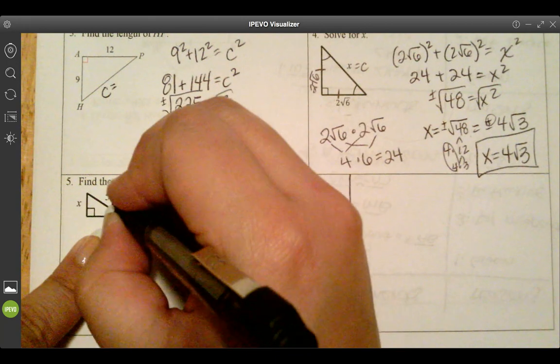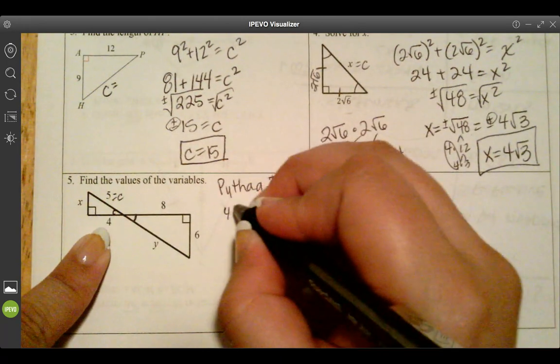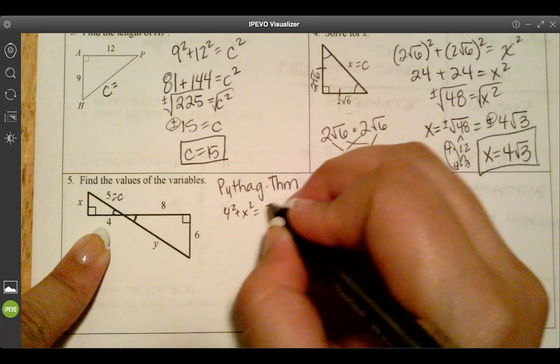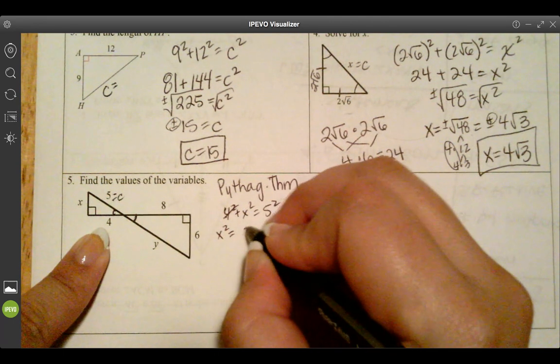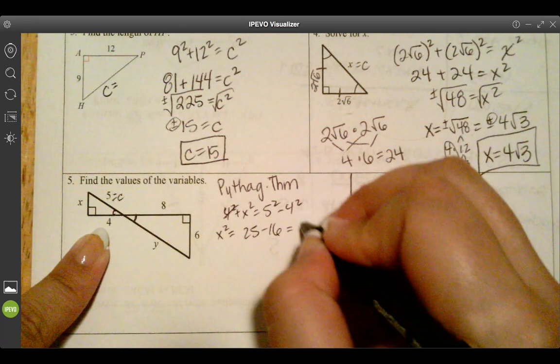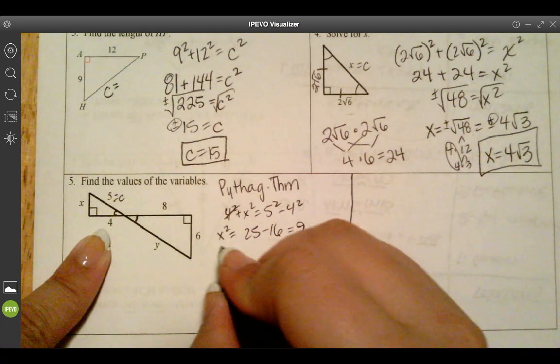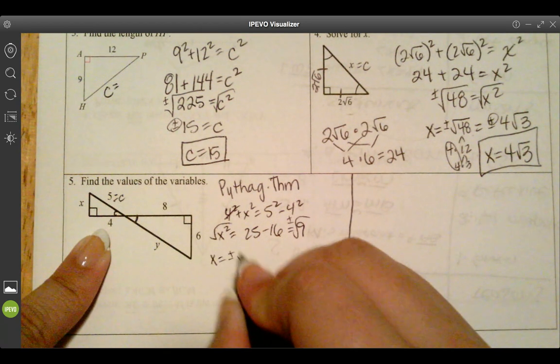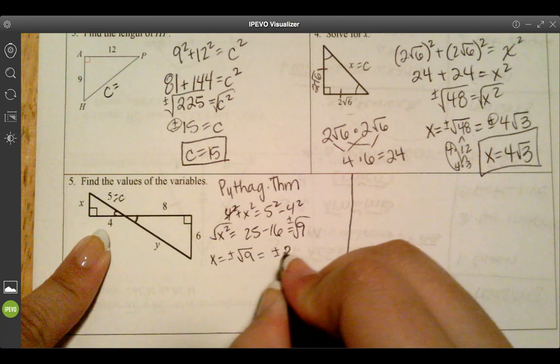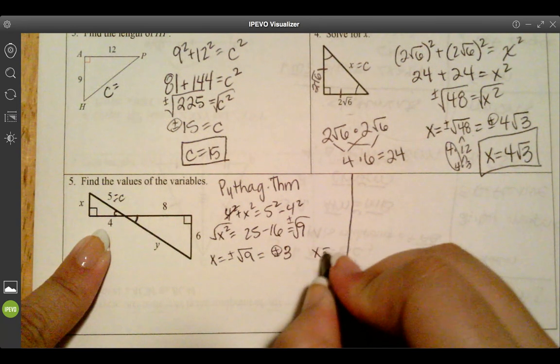says, here's my hypotenuse, 4 squared plus x squared equals 5 squared minus 4 squared. X squared equals 25 minus 16, which is 9. Square root, x equals plus or minus the square root of 9, which is plus or minus 3. It's a distance. X equals 3.